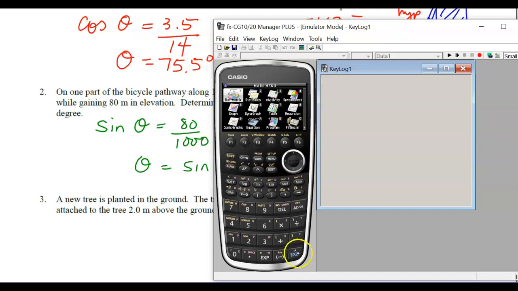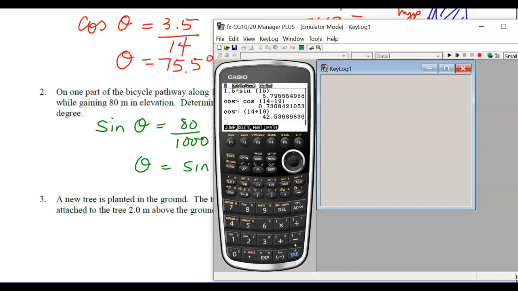Okay, so I'm going to do shift sine of 80 divided by 1,000. Oh, I need brackets in the Casio. Just a sec. Okay, so shift sine bracket 80 divided by 1,000. Close bracket, enter.